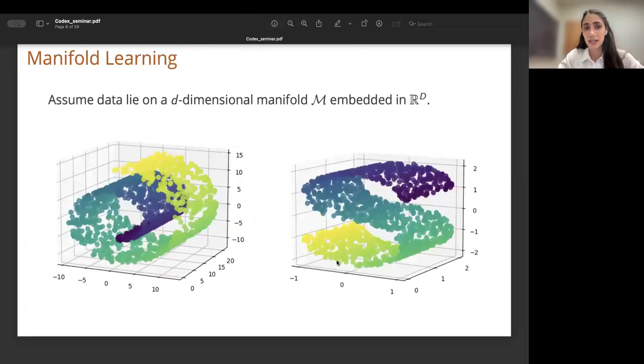So the basic idea is that we're assuming that data lies on a lower dimensional manifold that's embedded in some higher dimensional Euclidean space. And we do not know explicitly what this manifold is, but we would like to see if we can say something about this manifold or about the data that lies on this manifold.